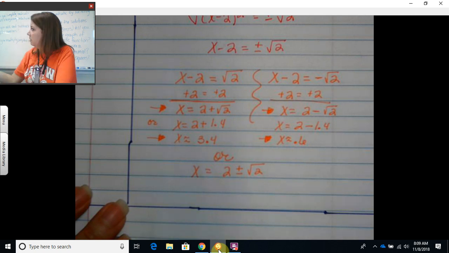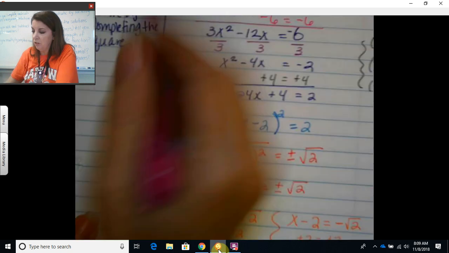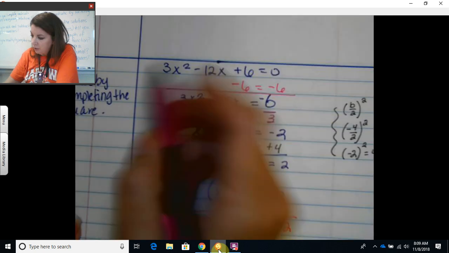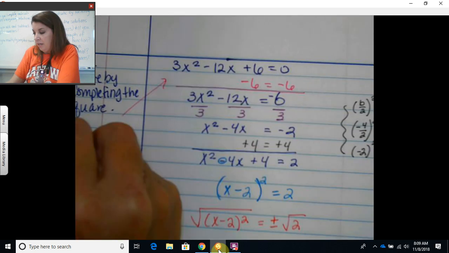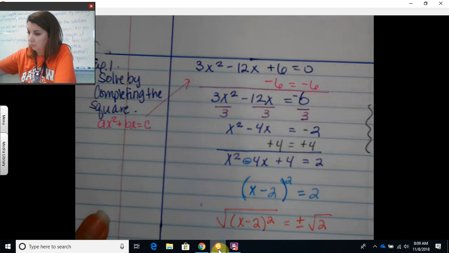So like me personally, I would probably make brief notes, and I should have written this up above, but I didn't. Next time, I'm learning. I would probably write ax squared plus bx equals c.